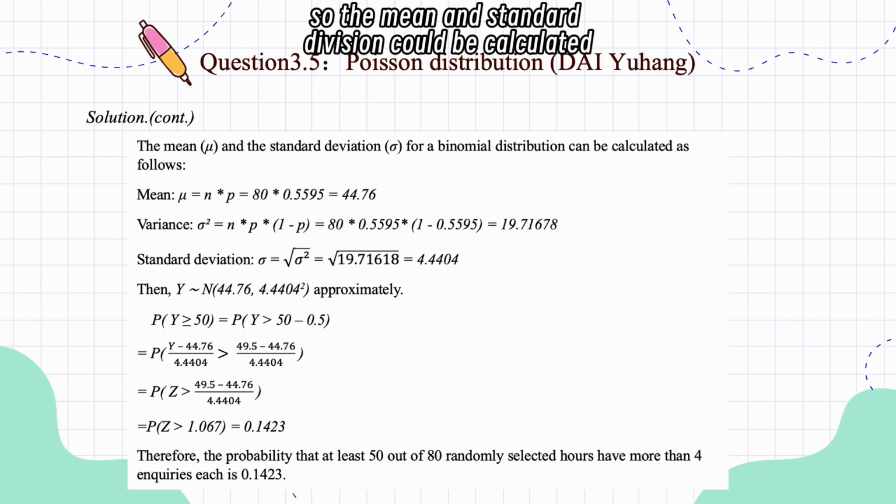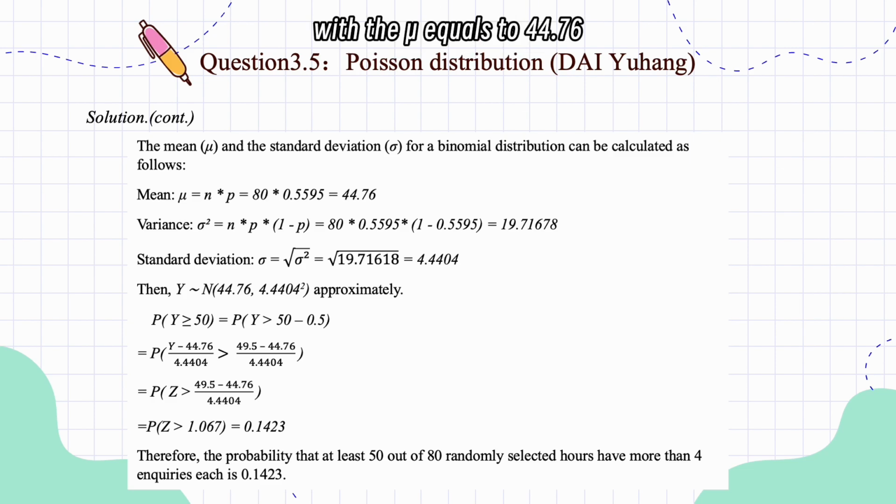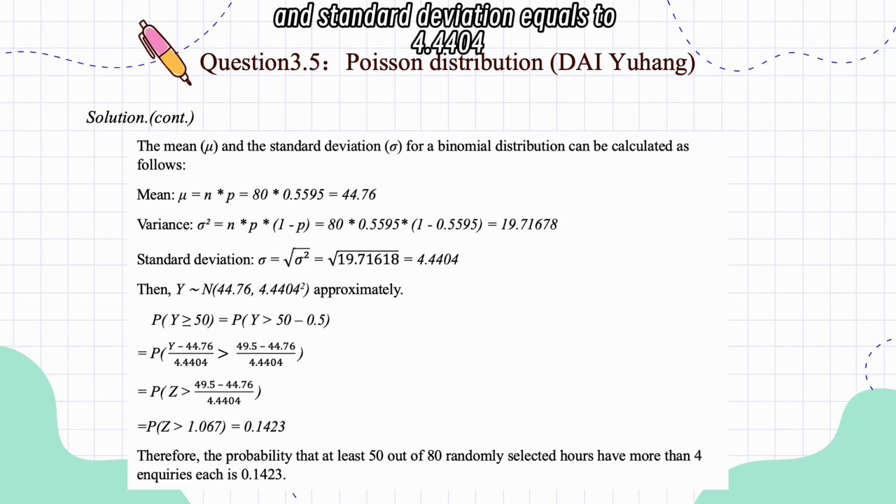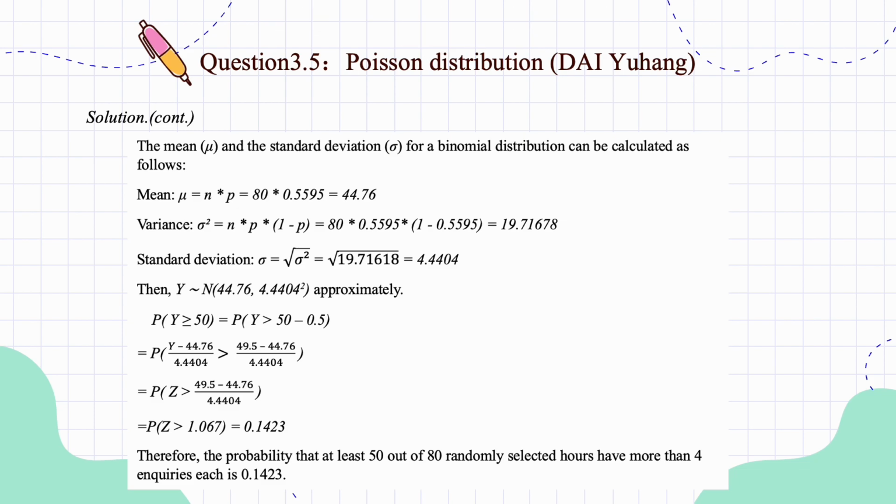So the mean and standard deviation can be calculated, and we have y follows the normal distribution with mu equal to 44.76 and the standard deviation equal to 4.4404. And the probability of y greater or equal to 50 is equal to the probability of y greater than 49.5.